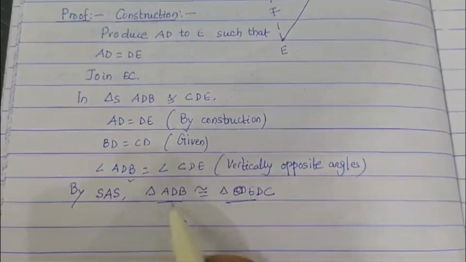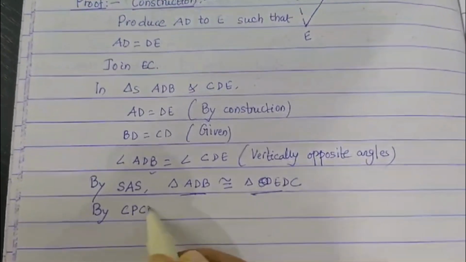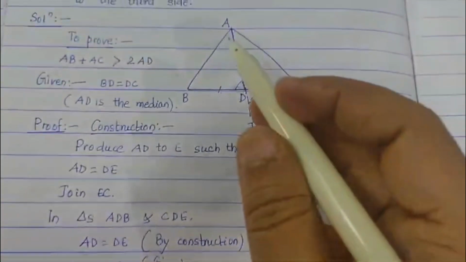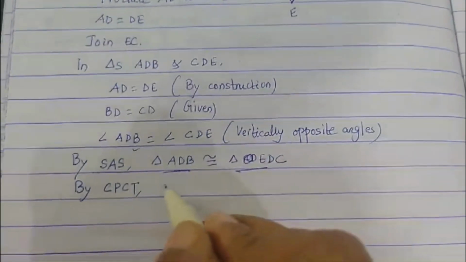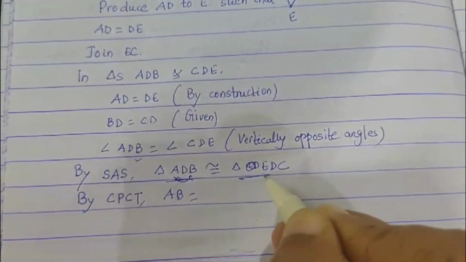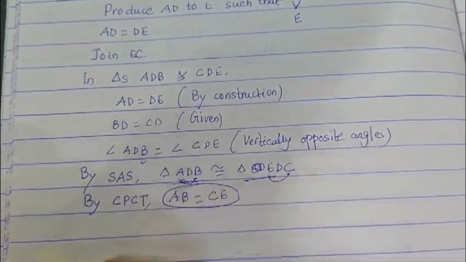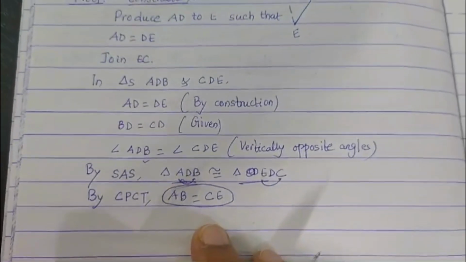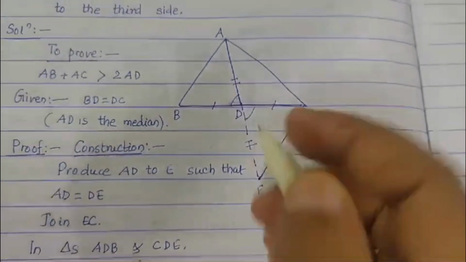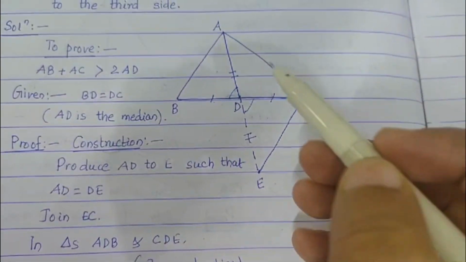So by CPCT, what do we have? We have AB equal to CE, the corresponding side, AB equal to CE. Now we have got AB equal to CE.